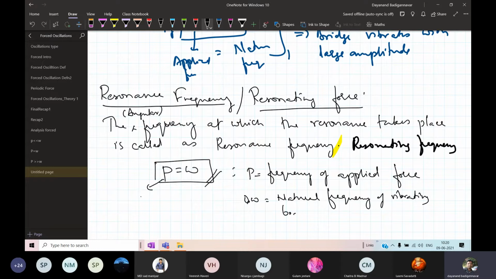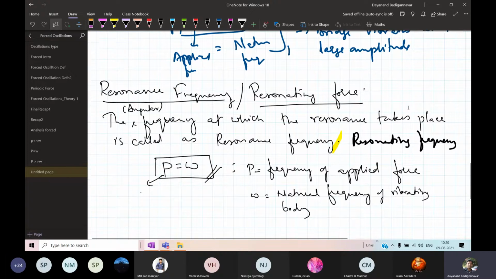You can also write that the resonating frequency or resonance frequency is the frequency at which the resonance condition is achieved. That is also right. So there are different ways of explaining the resonance frequency.